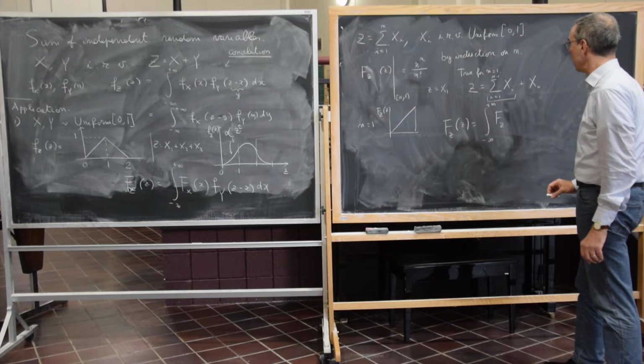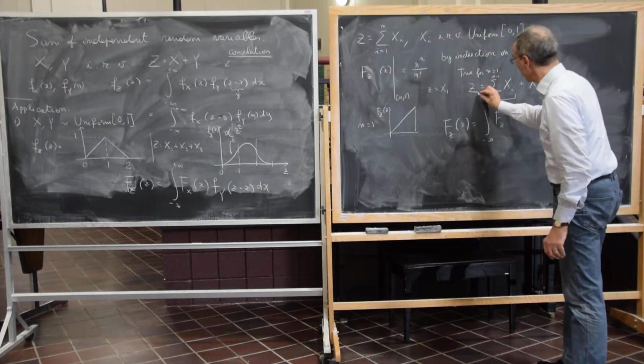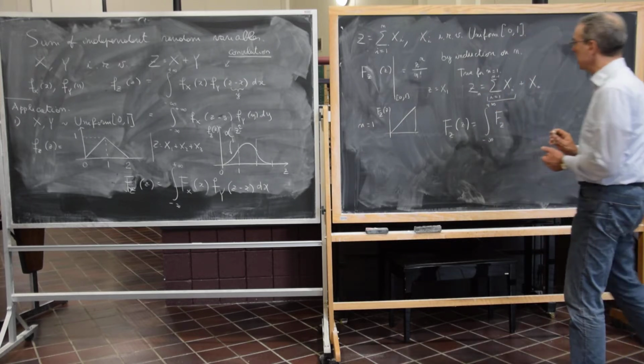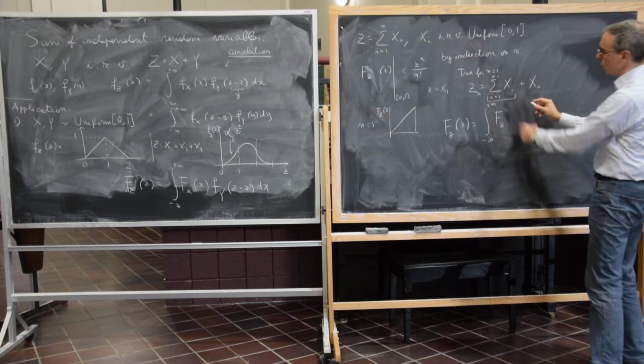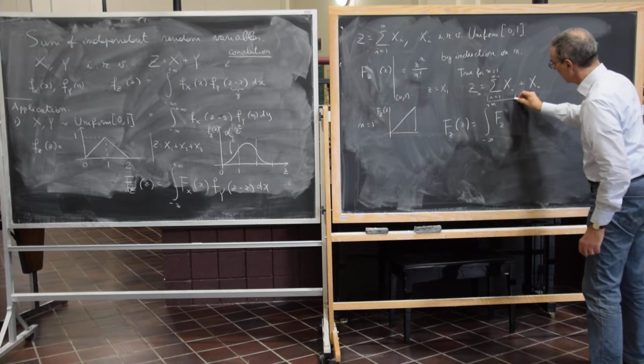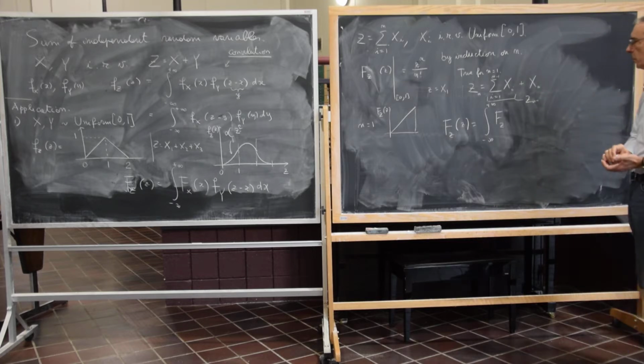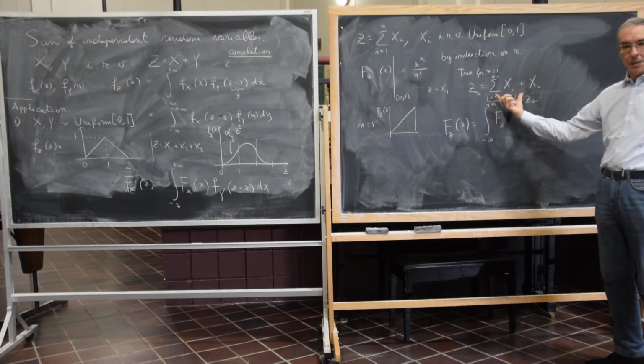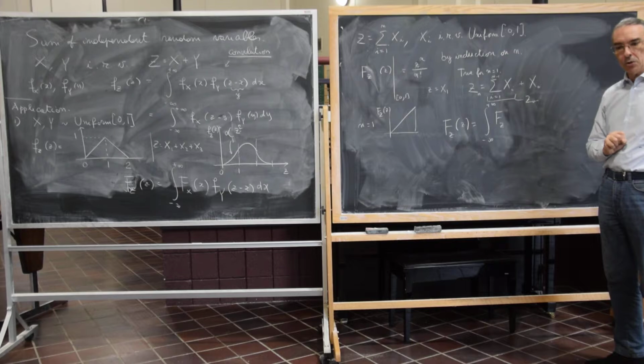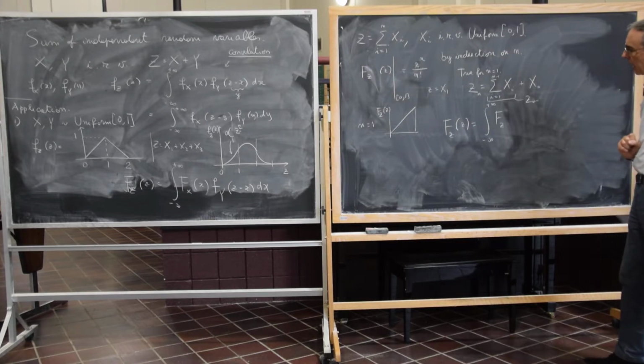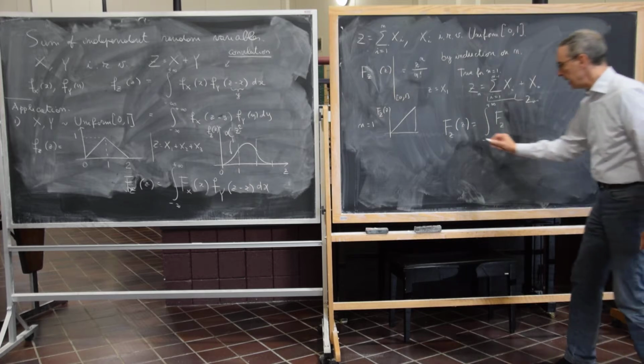How can we call it? We can call this number here Z_n to be the sum of n, and this quantity here will be Z_n minus 1. So this is the sum of n minus 1 identically distributed uniform distributions, and that Z_n is the sum of n.